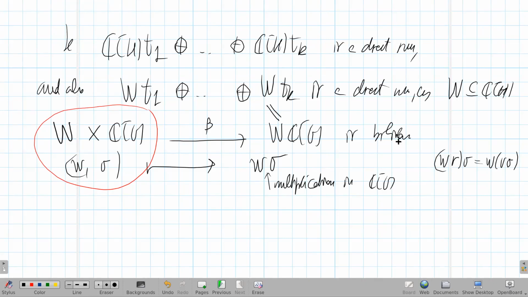But if you have a bilinear map here, then this means that there is a homomorphism of abelian groups by the universal property of tensor products.